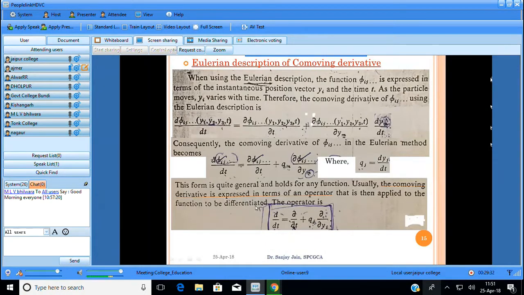So this relation of operators is known as the co-moving derivative in the Eulerian viewpoint, while in the earlier case, the Lagrangian description, this term is not present.